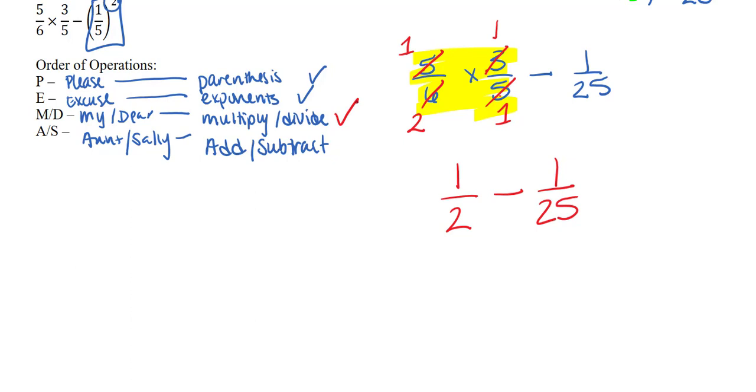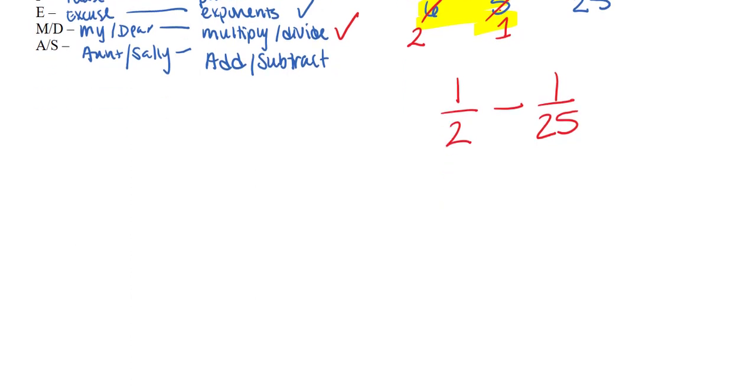So we dealt with this step, and now we just need to subtract. That's the only thing we have left to do. Notice we have 1/2 minus 1 over 25. We don't have a common denominator, so we need to solve for that.